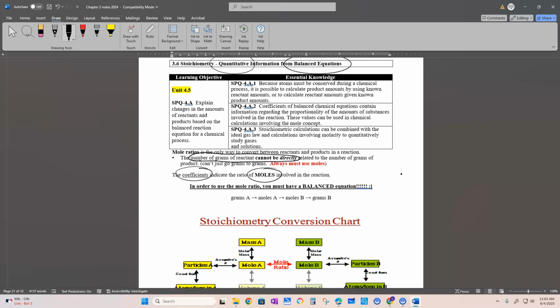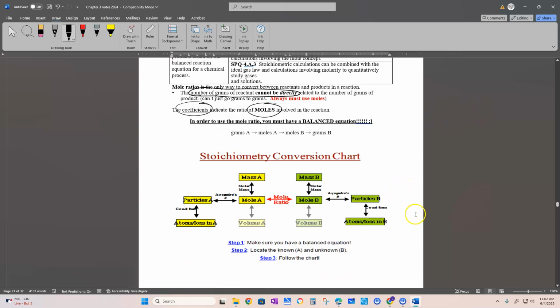So if I had grams of A and I wanted to go to grams of B, I know this chart looks very familiar to you. I would go from mass A to mole A, and I need molar mass, which means I need the periodic table. If I want to get to a new chemical, because if I had a reaction where A makes B, then I need mole ratio, and this is when we look at our balanced equation.